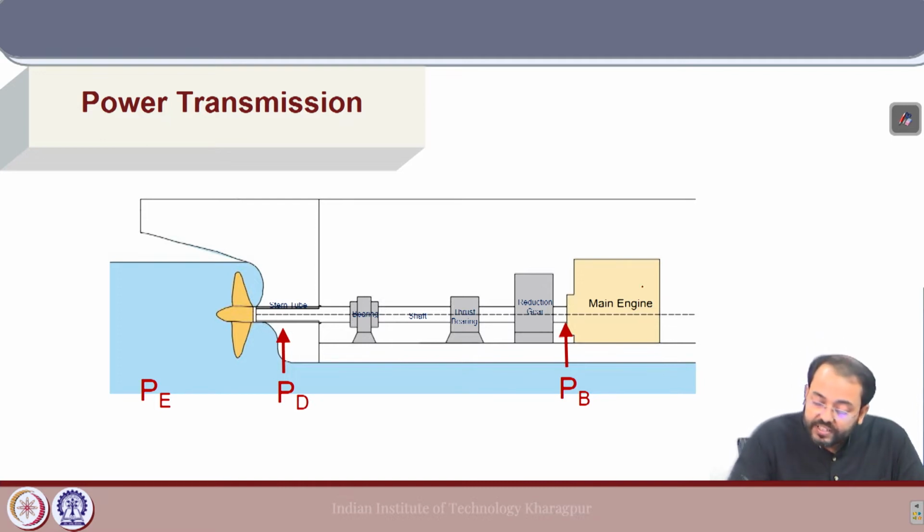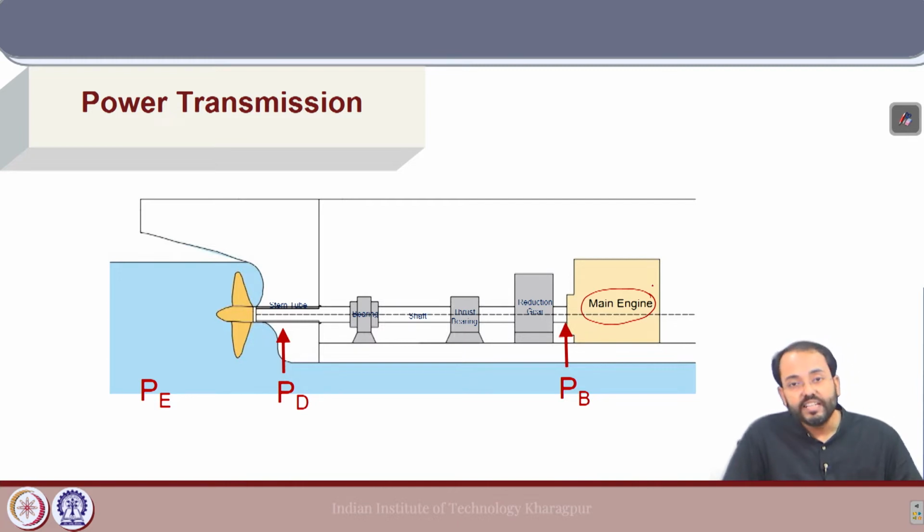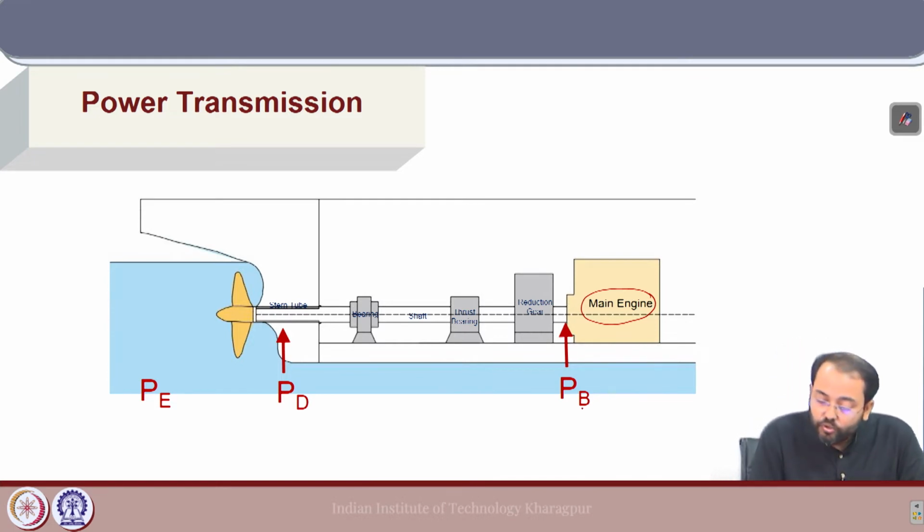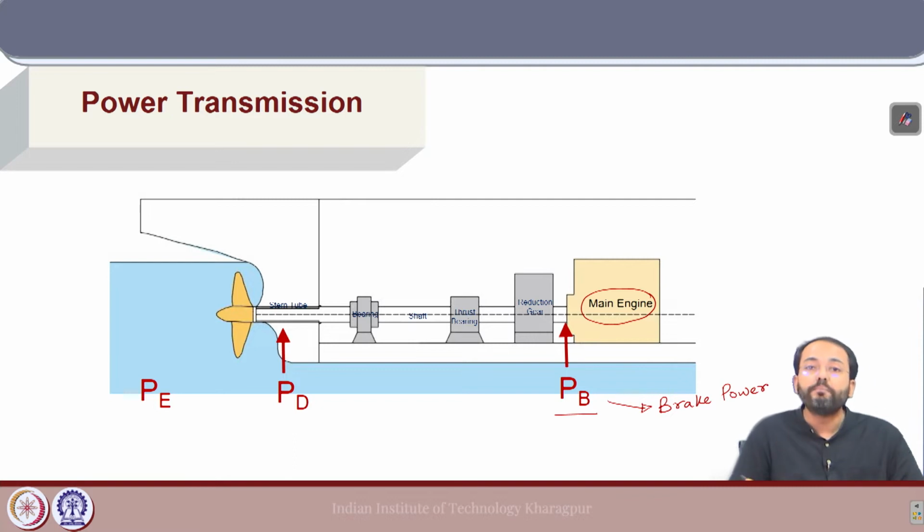Here we have the main engine, which provides the power to the propeller. Finally, the propeller absorbs this power, which is the delivered power, and it provides the thrust for the ship to move ahead. PB is the brake power supplied by the marine engine.